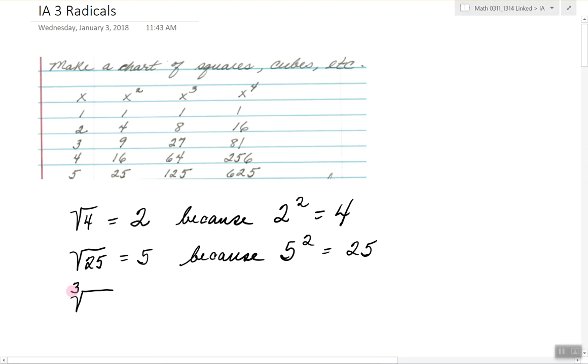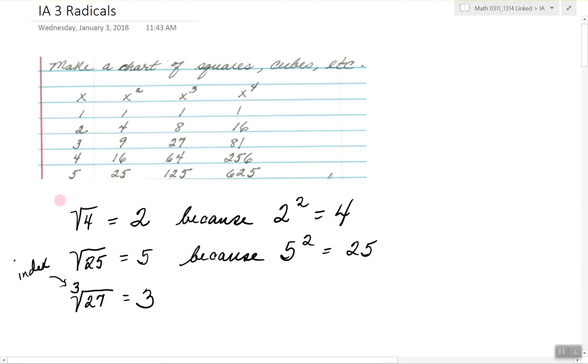Suppose I said, what's the cube root of 27? The cube root of 27 is 3. Look at your chart. In the cubes, find 27. Its cube root is 3. This is called an index, and it tells you what kind of root you're working on.